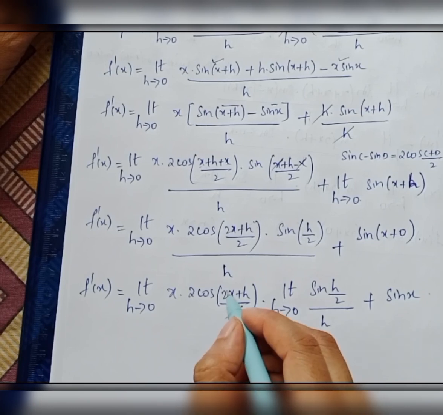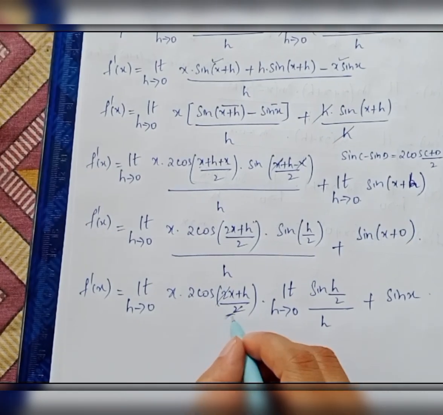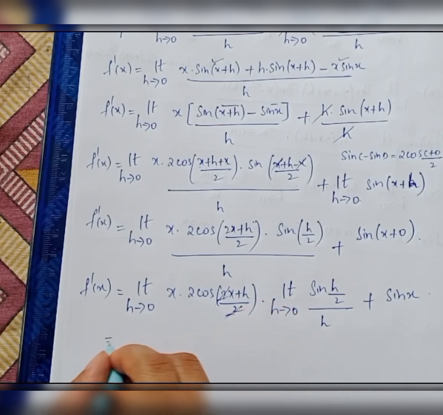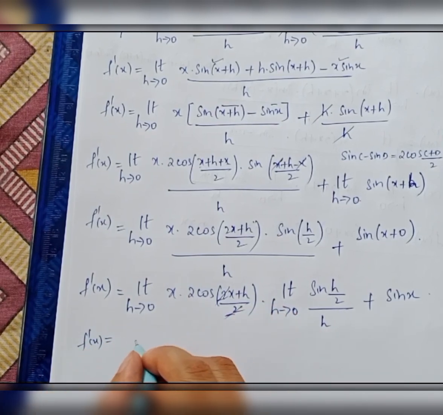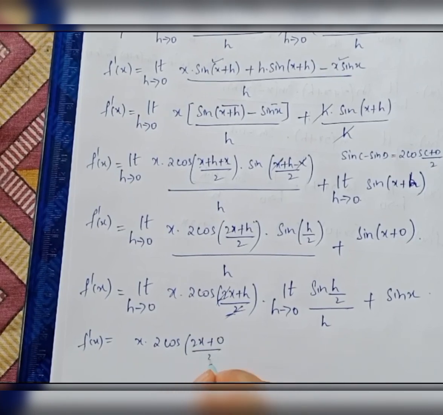Now here this 2 gets cancelled, and no, don't cancel it now. Once we substitute the value of h, then we can cancel. So f dash of x is equal to x into 2 cos (2x plus 0) by 2 into, here it is a formula, sin a theta by theta is equal to a.